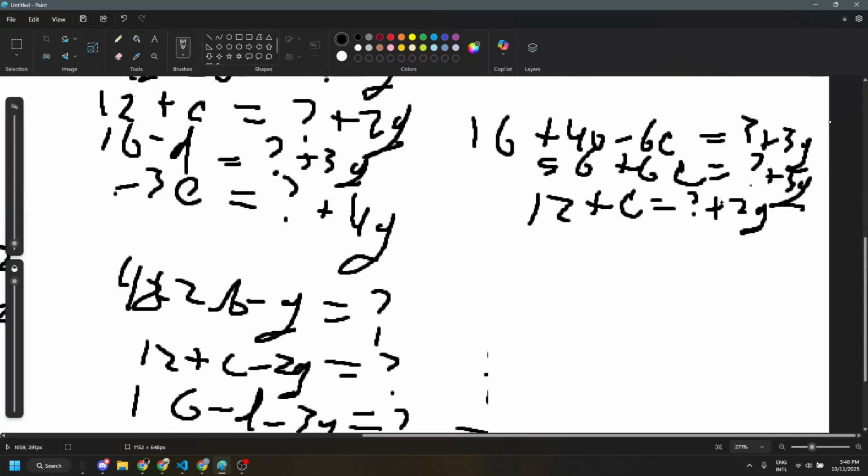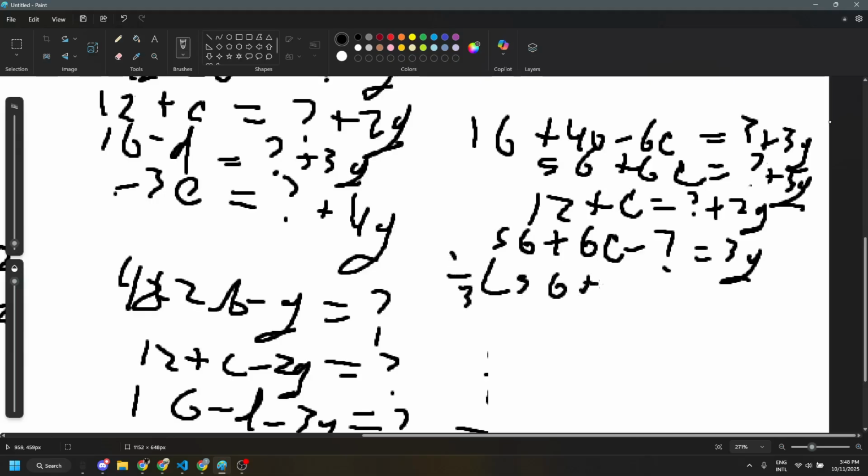I'll solve them for G. So we have 56 plus 6c minus question mark is equal to 3g. So 1/3 times 56 plus 6. 56 is not divisible by 3. 56 over 3 plus 2c minus question mark over 3 is equal to g.